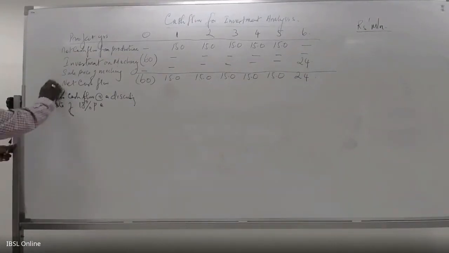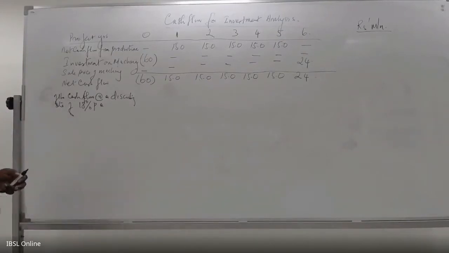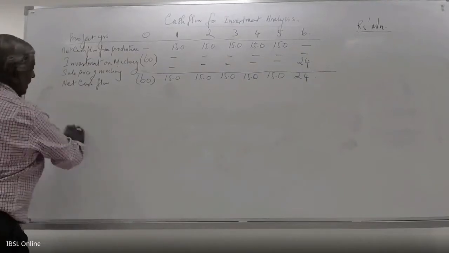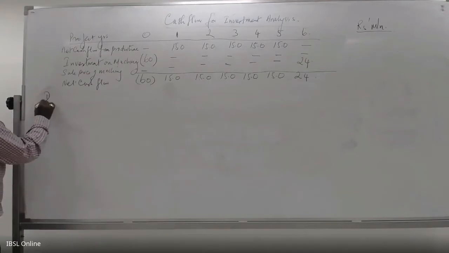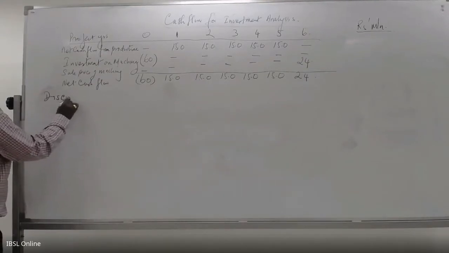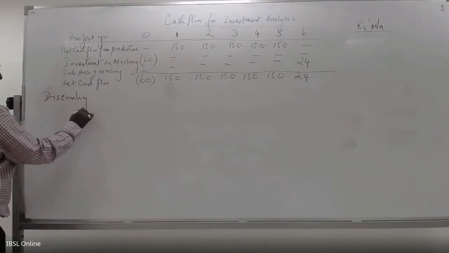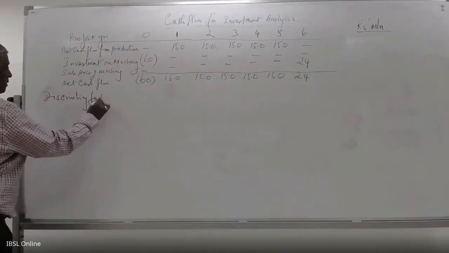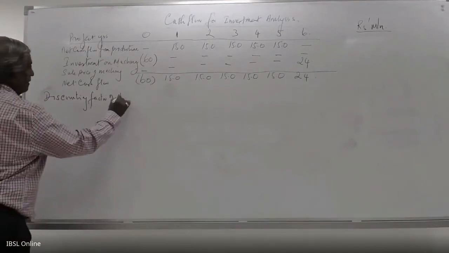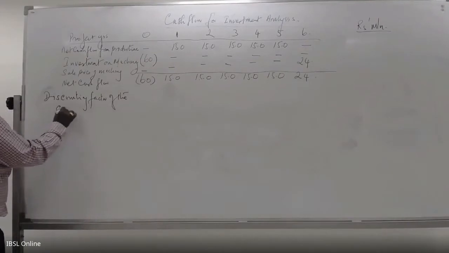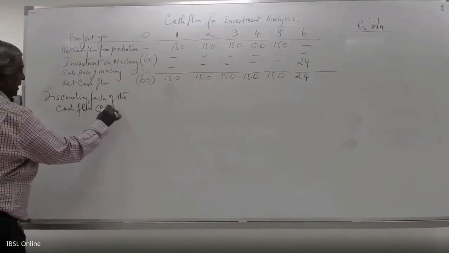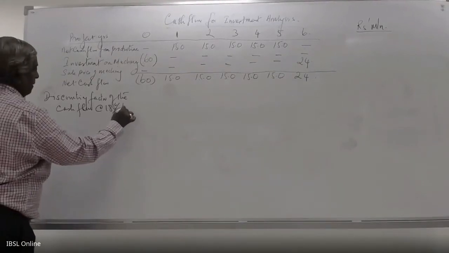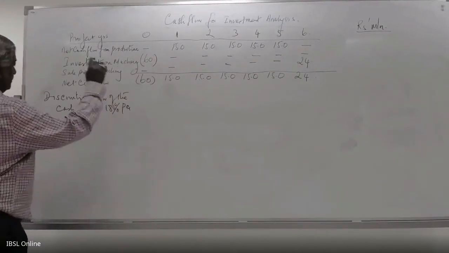Erasing PV. What we had to do, we had to calculate the discounting factor. So we write: discounting factor of the cash flow at 18% per annum.